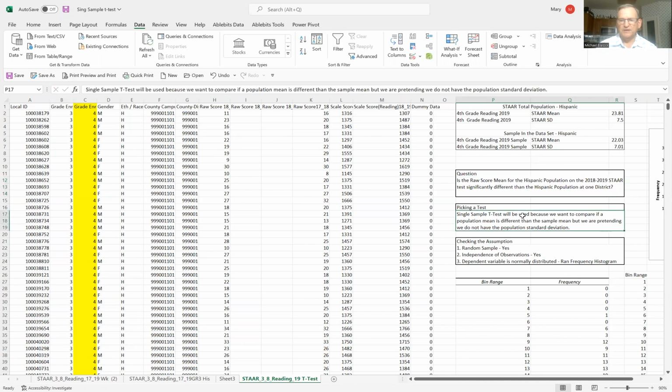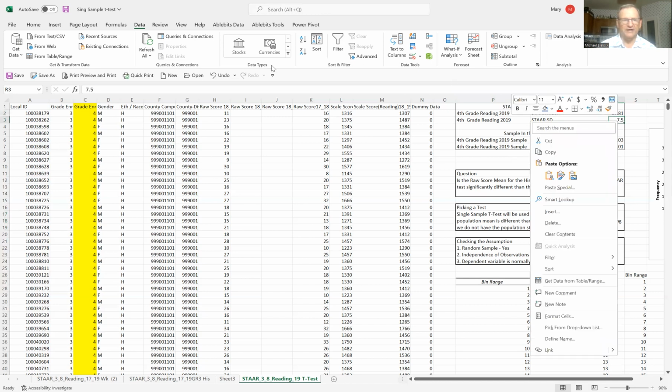And so to do this, I first went to the technical digest at TEA to get the fourth grade reading STAR mean, which was 23.81, and the standard deviation, which was 7.50.